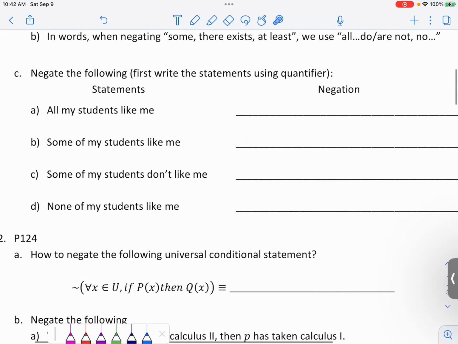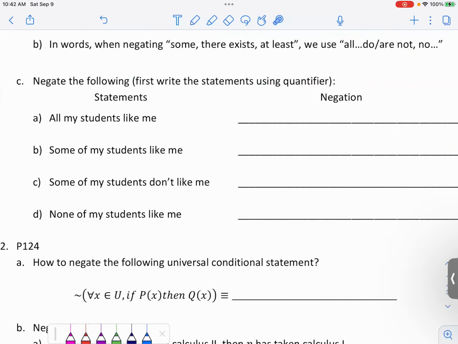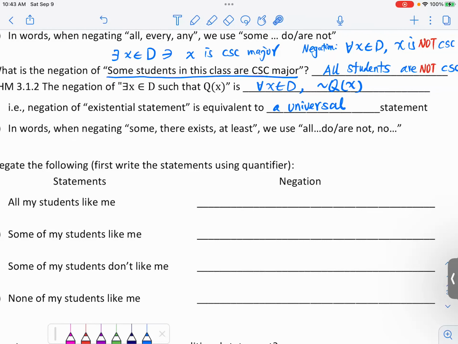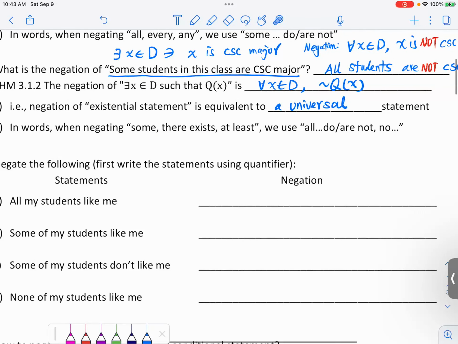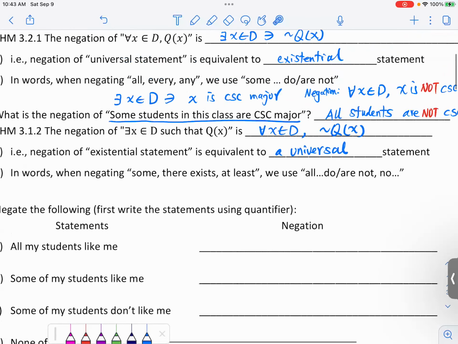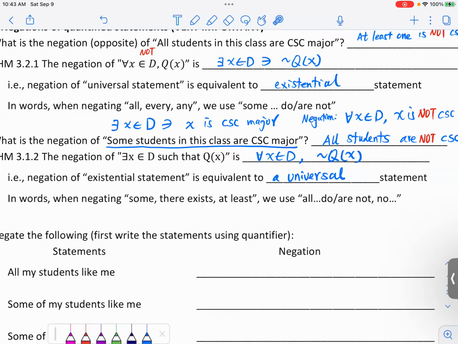Now here's my suggestion. Sometimes, if the statements are not too complicated, you may just quickly write the negation without any trouble. But sometimes it is a good exercise, a good strategy, to translate the statement into symbolic form, and then apply these two results, 3.2.1 and 3.2.2, and then translate the symbolic form back into English.